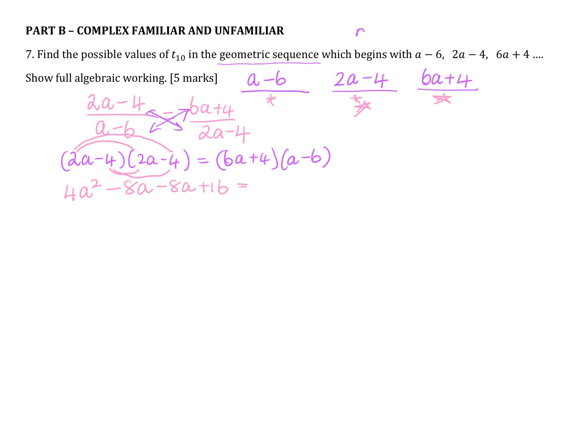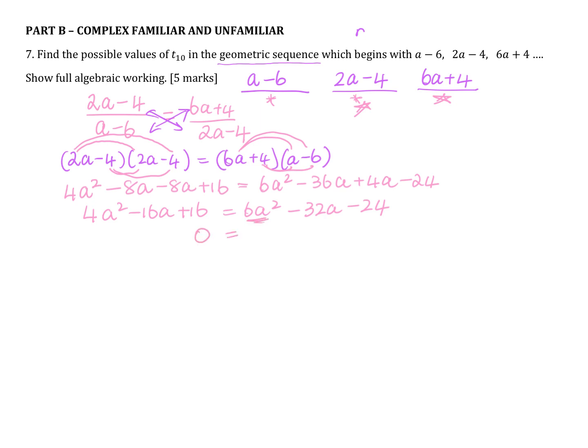This one over here, same thing here. 6a squared minus 36a plus 4a minus 24. Clean up both sides. 4a squared minus 16a plus 16. 6a squared minus 32a minus 24. Okay, we need to move everything over to the right-hand side.